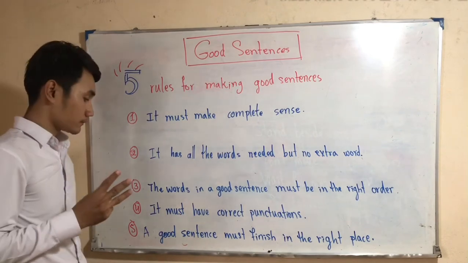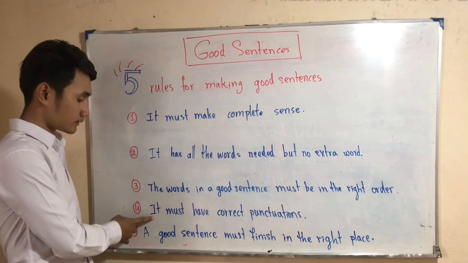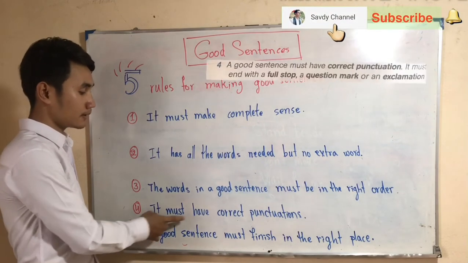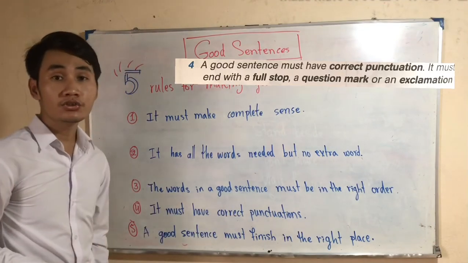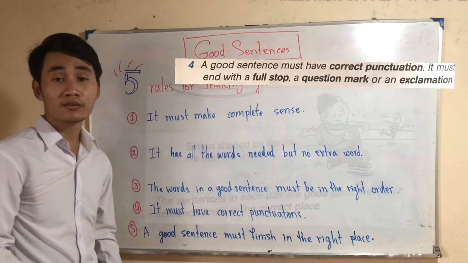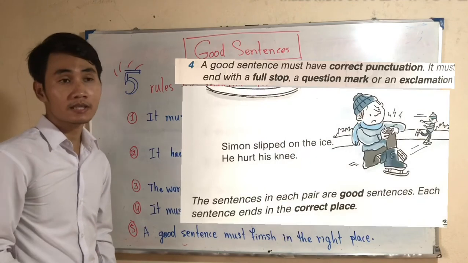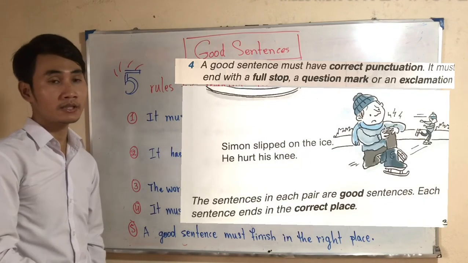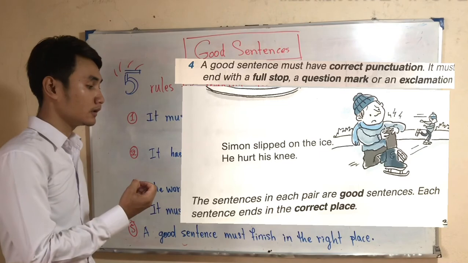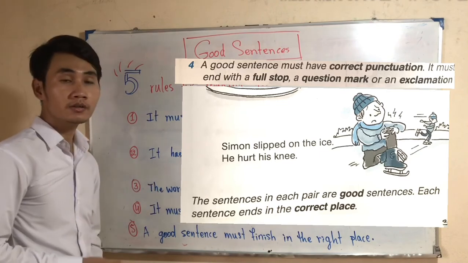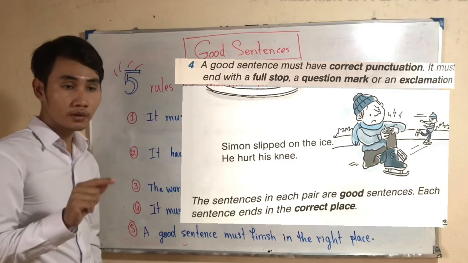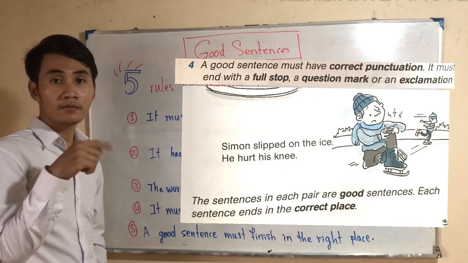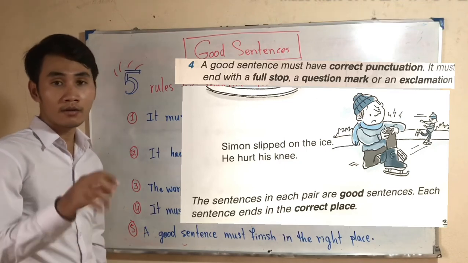Rule number 4 is that it must have correct punctuation. I already taught you some kinds of sentences. Punctuation means the period, the exclamation point, the question mark, and so on.